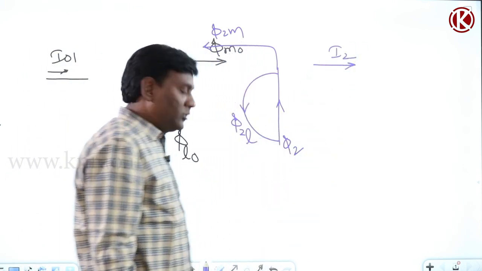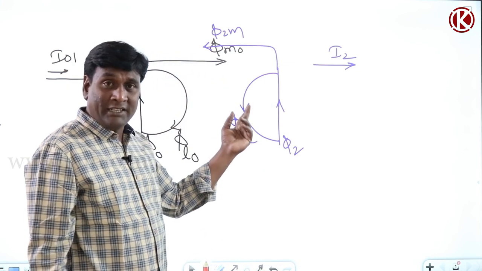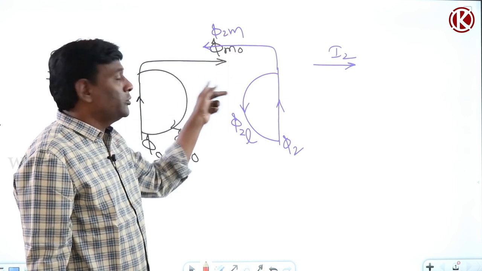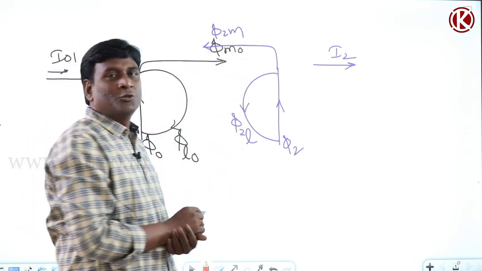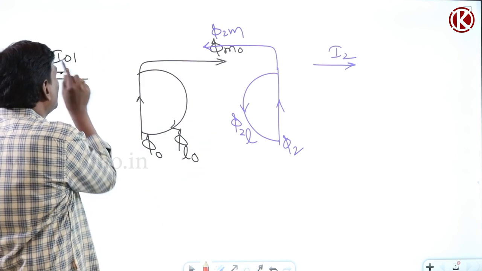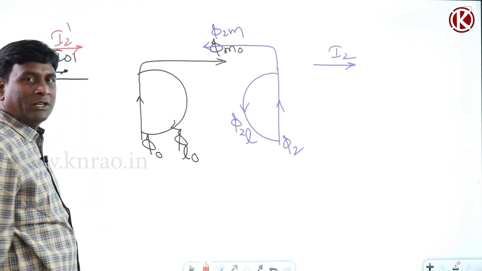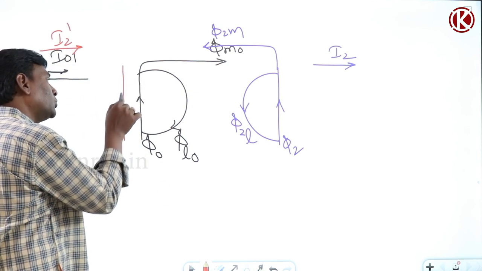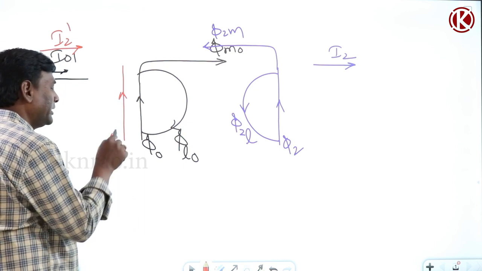Now the moment some I2 is flowing, which is giving phi 2M, it is trying to interact with the mutual flux of the primary such that net flux is going to be varied. So in order to compensate that, my primary will take I2 dash current. I2 dash flowing through N1 will produce phi 2 dash.